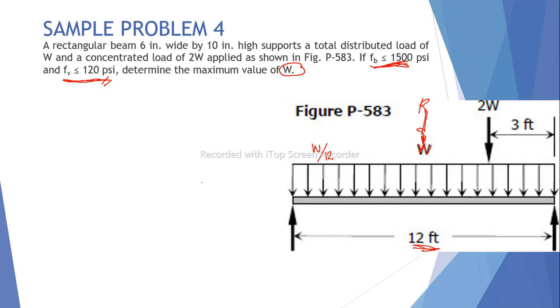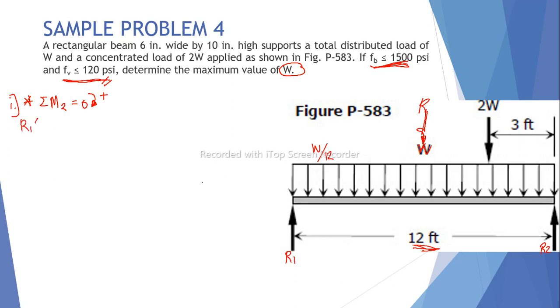So first we get the reactions. Sum of moments at reaction 2 equals 0, with clockwise rotation positive. Let's say this one is reaction 1, and the right side is reaction 2.